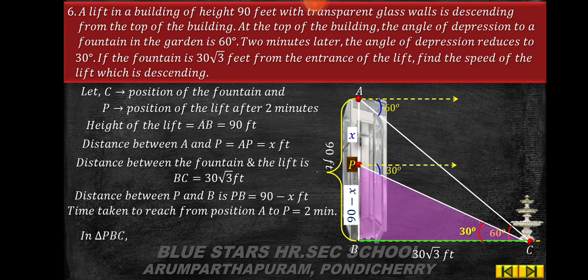So in triangle PBC, angle PCB is equal to 30 degree. So tan theta is equal to opposite by adjacent. Tan 30 degree is equal to PB divided by BC. Therefore 1 by root 3 is equal to 90 minus x divided by 30 root 3.